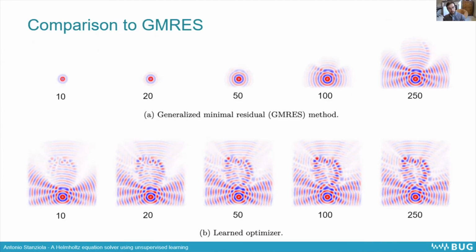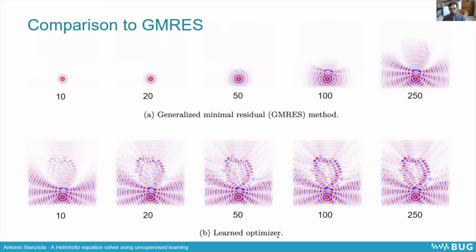Just to give an insight on why this is working better than GMRES, here I'm plotting the wave fields at different iteration numbers, with GMRES on top and the learned optimizer on the bottom. What you can see on top is what I've been describing before, the fact that in GMRES, at least without preconditioning, the updates are very local, so the solution is slowly growing from the source position outwards.